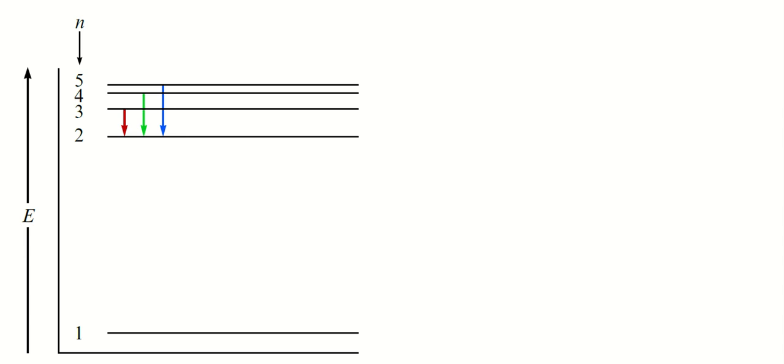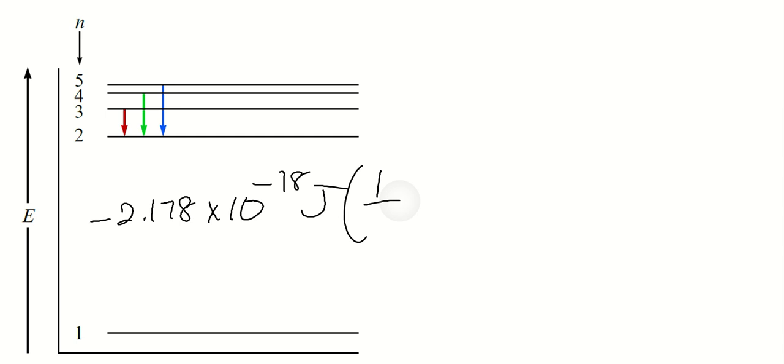So Bohr related, or you can calculate, the energy of an electron at any one of these quantum levels. You quantize these energy levels by negative 2.178 times 10 to the negative 18 joules, times 1 over n squared, where n is one of these energy levels.